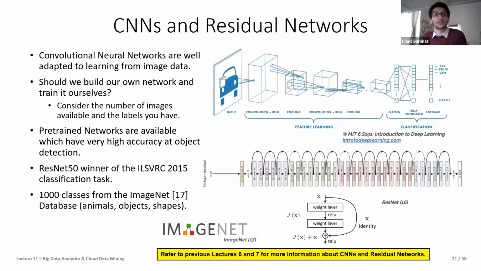ResNet 50 was one of the best performers during 2015. After a couple of years, ResNet 50 version 2 was created. And guess who provided it? It was Facebook. The original ResNet 50, I think, was created by Microsoft. So you can tell which players are in this game.